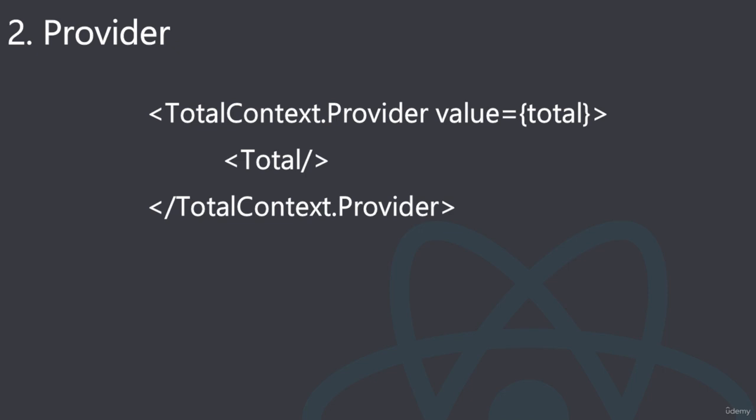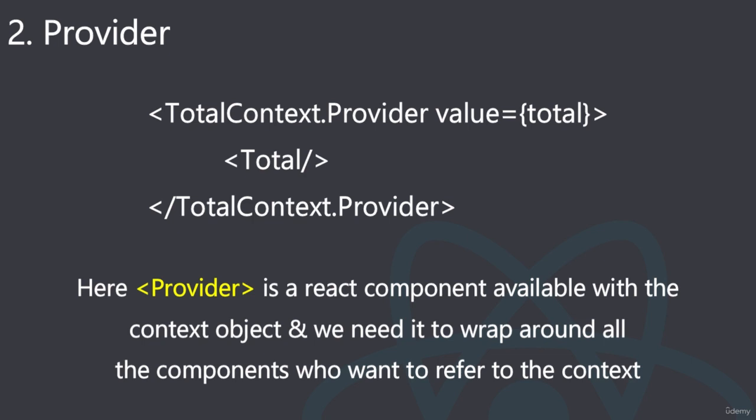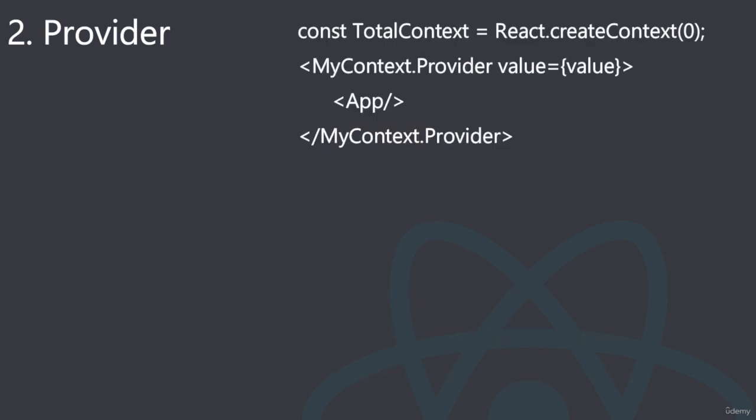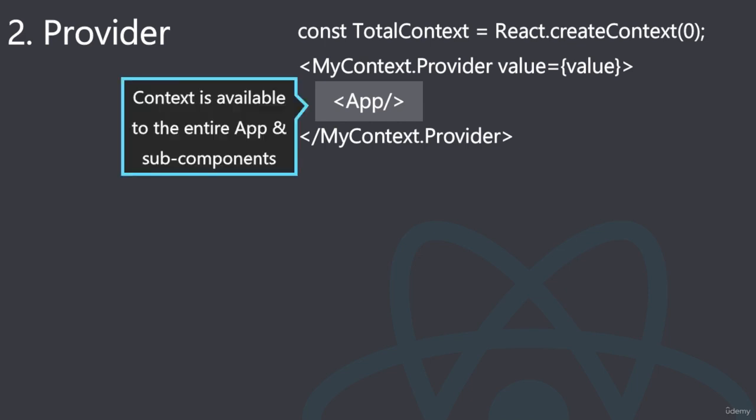Do remember that here Provider is a React component available with the context object, and we need it to wrap around all the components that want to refer to the context. For example, in this case, app is wrapped by the context provider, which means the context is available to the entire app and the subcomponents.